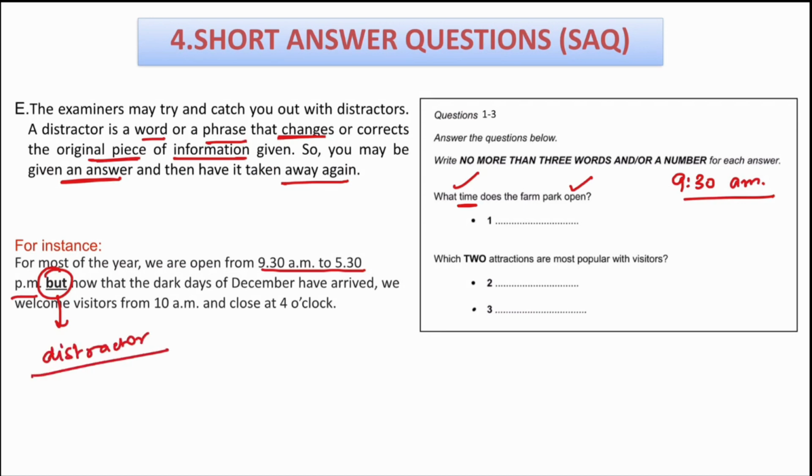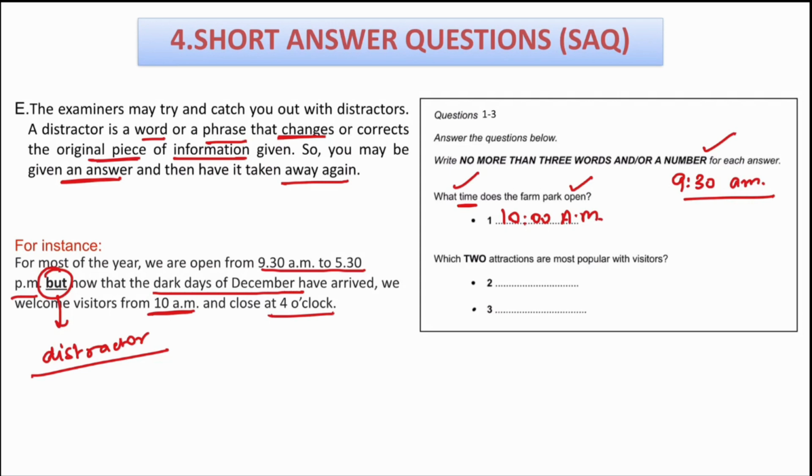Because of this distractor the conversation will change, as the speaker then said, now that the dark days of December have arrived, we welcome our visitors from 10 a.m. and close at 4 o'clock. So in this case, you thought that the answer would be 9:30 a.m. But according to the full conversation, you will realize that the answer will be 10 a.m. So you will mark it like this. This is how the distractor will work.